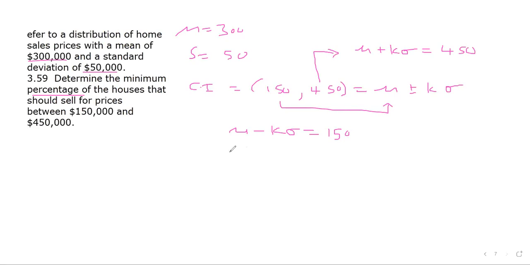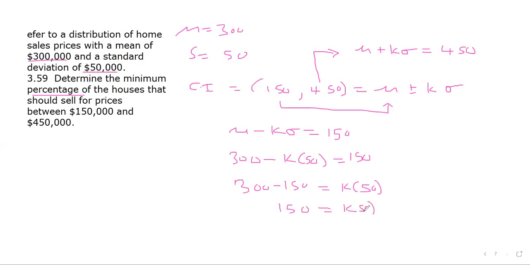So our mean we already know is 300. Our k we don't know. Our standard deviation is 50. And our lower bound is 150. So when we subtract, this one goes to this side, it will be positive. So 300 minus 150 is 150.